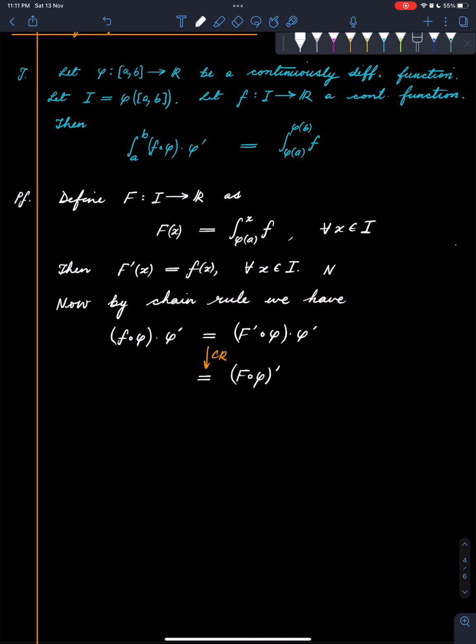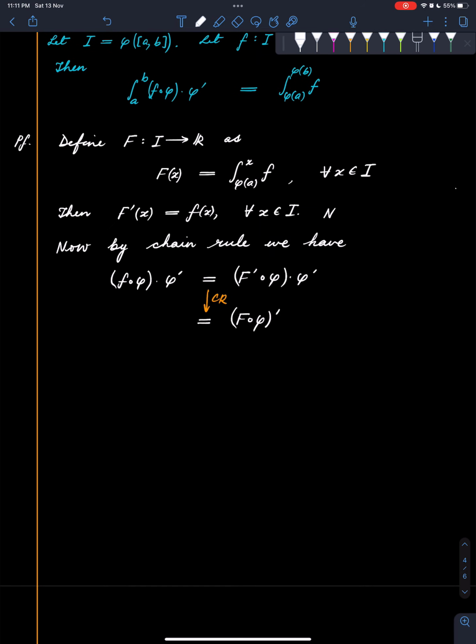Okay, so we have used chain rule to deduce that, and therefore this integral from a to b is the integral a to b of this function, which by the fundamental theorem of calculus is that.